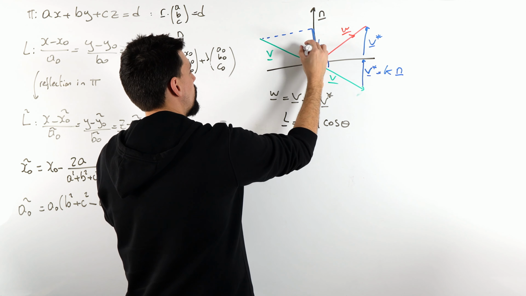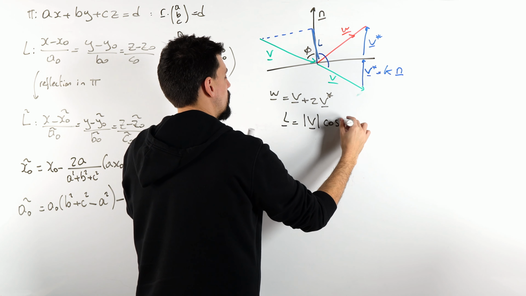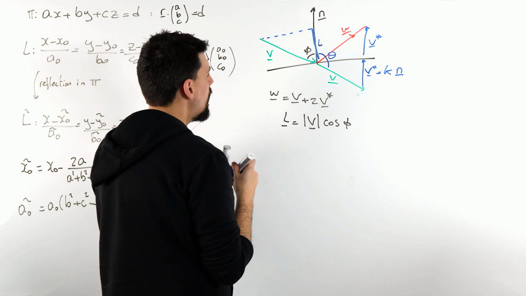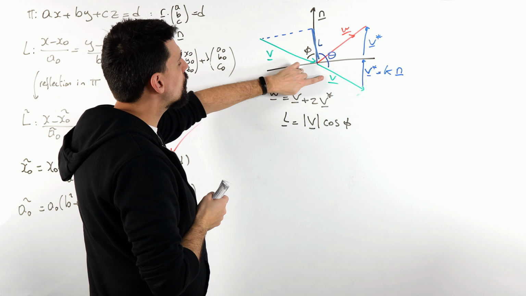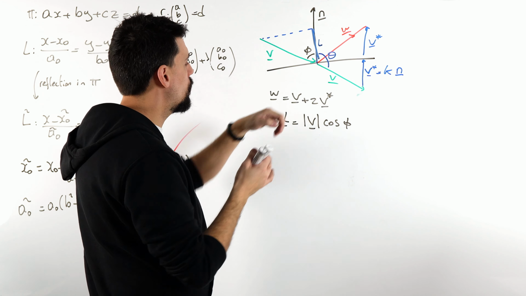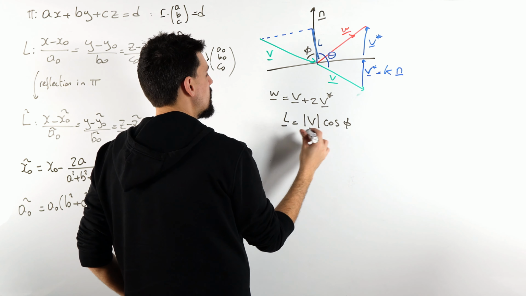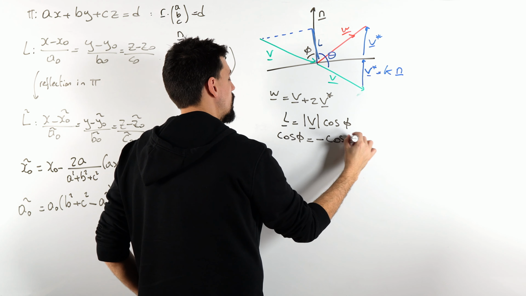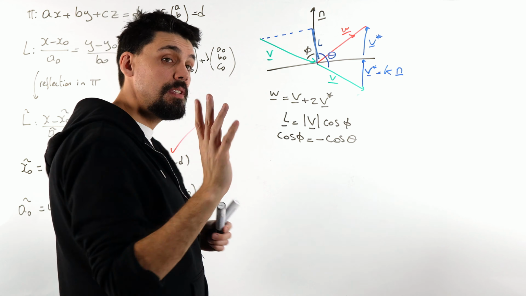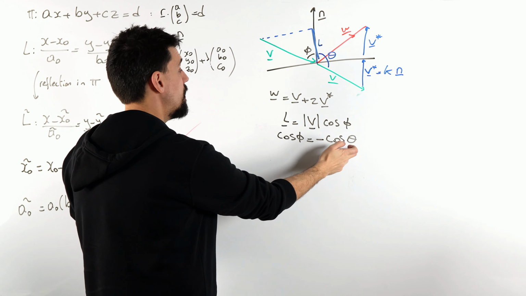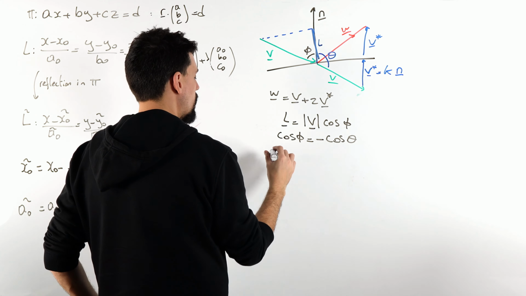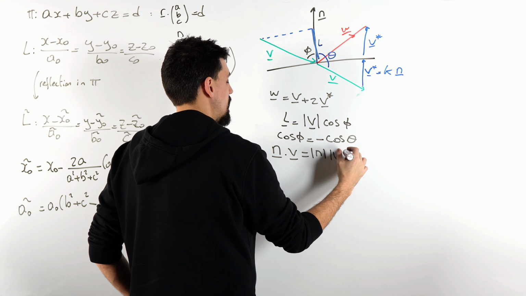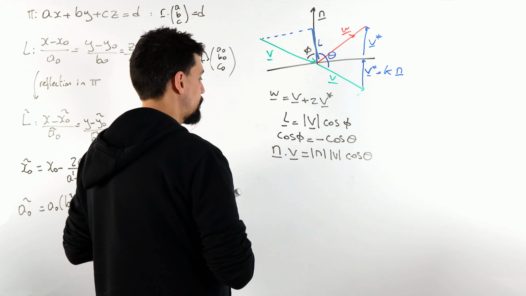Because if I look at the angle between my vector and the normal, we can say that cos phi is minus cos theta. Now, this is going to be really important for me because I can find cos theta, because I know that n dotted with v is mod n mod v cos theta.